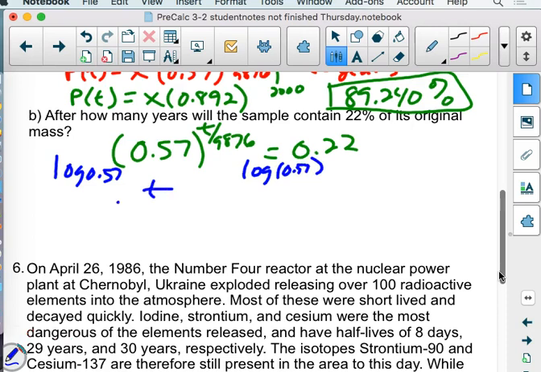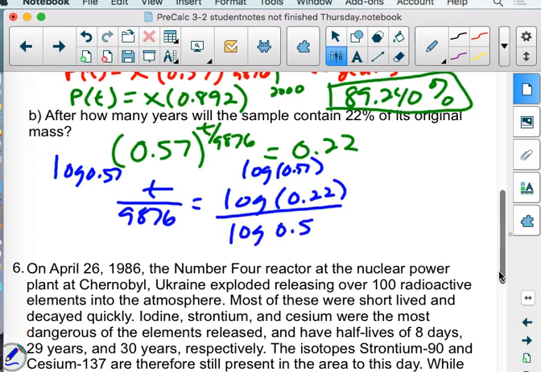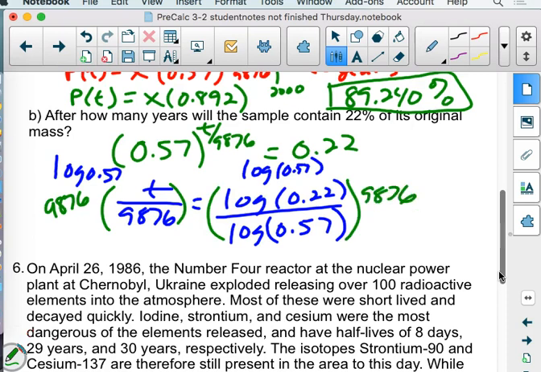So this will be t over 9876 equals the logarithm of 0.22 divided by the logarithm of 0.57. So at the end, we'll do what to it? Multiply by 9876.